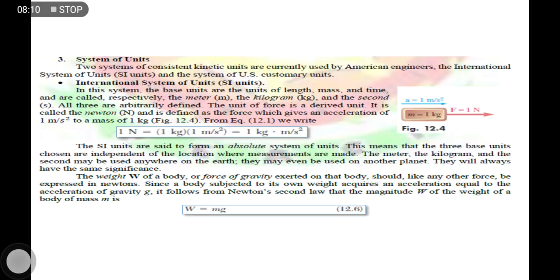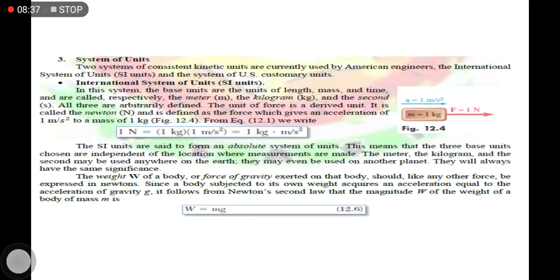These are the metric units that are familiar to us: force in newton, mass in kilogram, meter squared for area, and meter cubed for volume. All of these are international system of units.